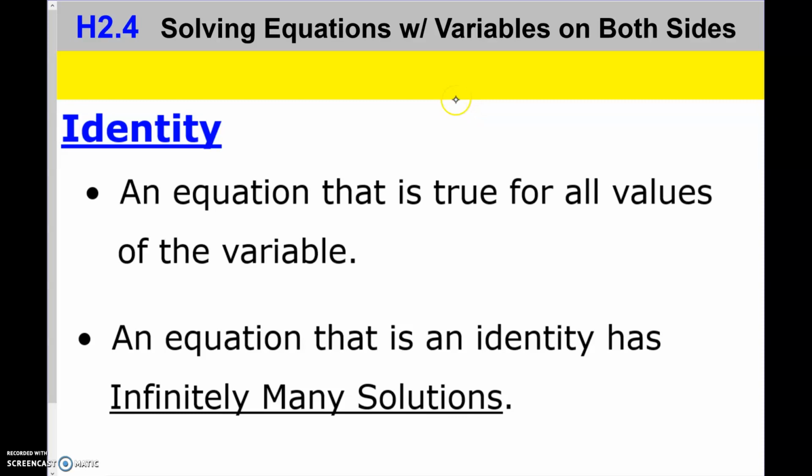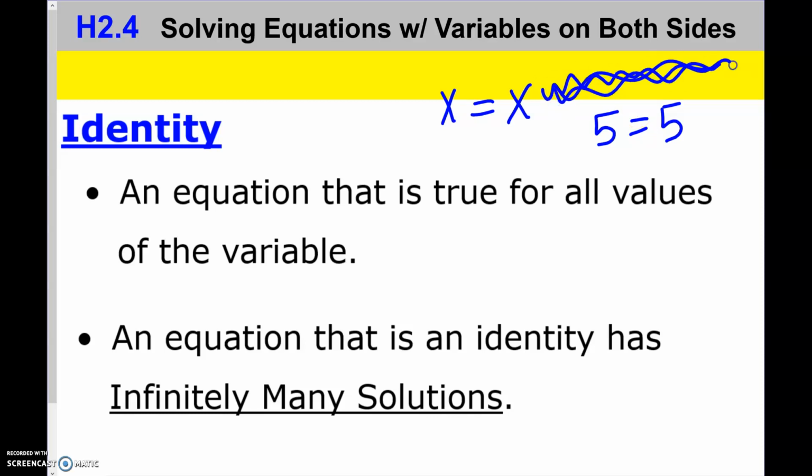So if we have something like x equals x, that is a true statement. X always equals x. 5 equals 5. That is a true statement. So what that means is in the equation above it, whatever we had above it, we can put any number into this equation, and whatever we put in, 2, 5, -7, 28, 3/4, it will come out to work.